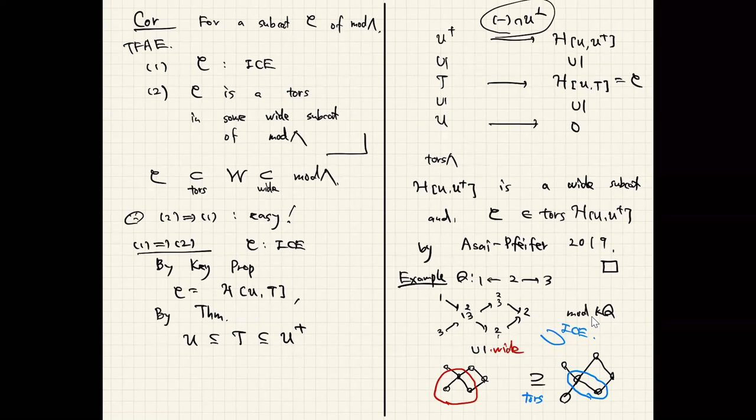And every ICE-closed subcategory is obtained by first taking a wide subcategory and then considering a torsion class of this wide subcategory.